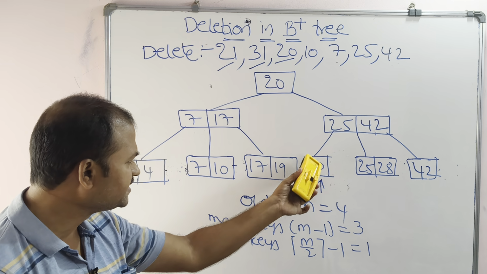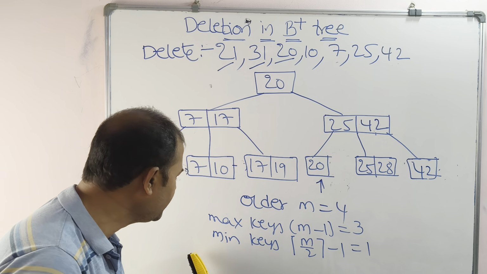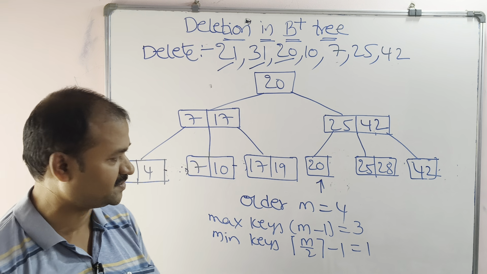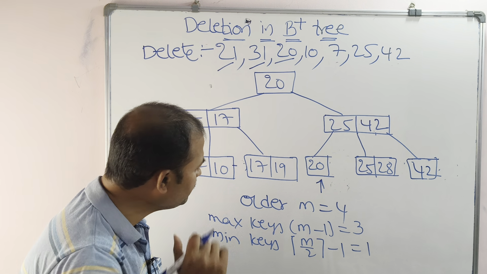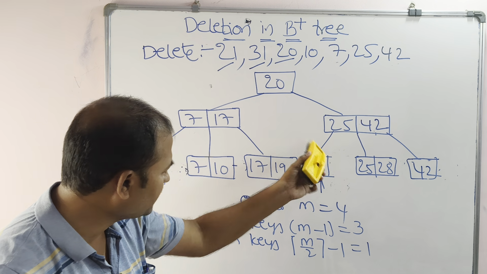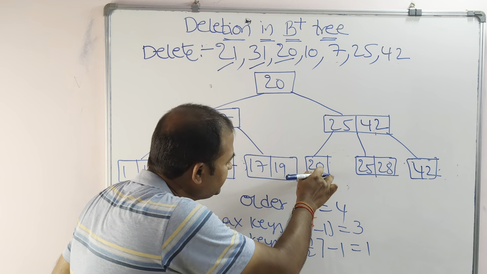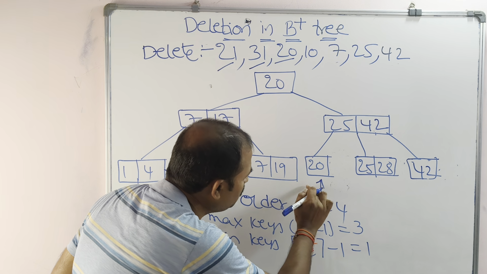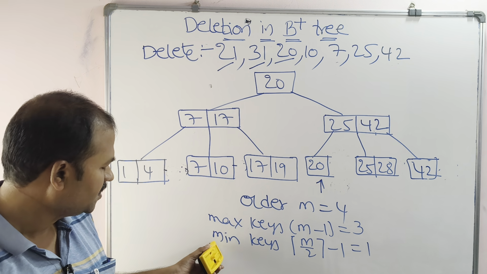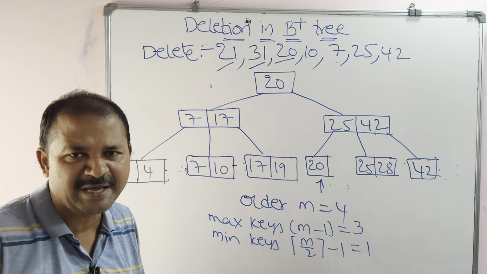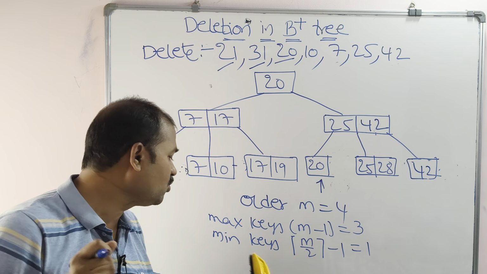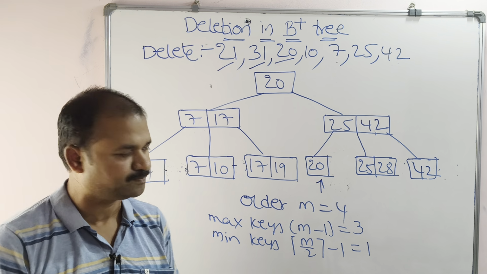One key means this node contains only the minimum number of keys, so directly we can't remove the key from this node. Why? Because if we remove this key, then this node will contain a null value. But the B plus tree constraint is that every node must contain a minimum of 1 key.